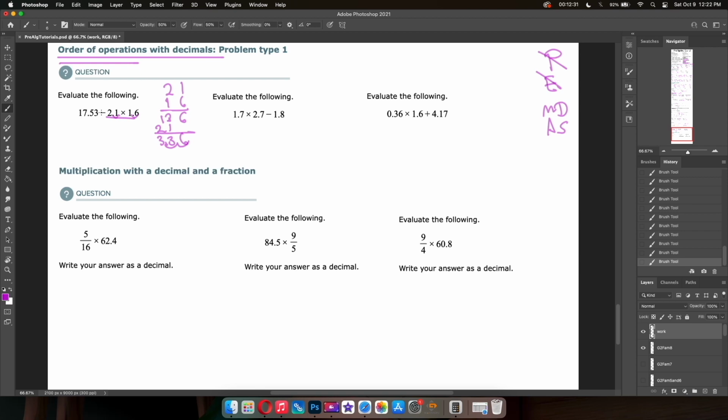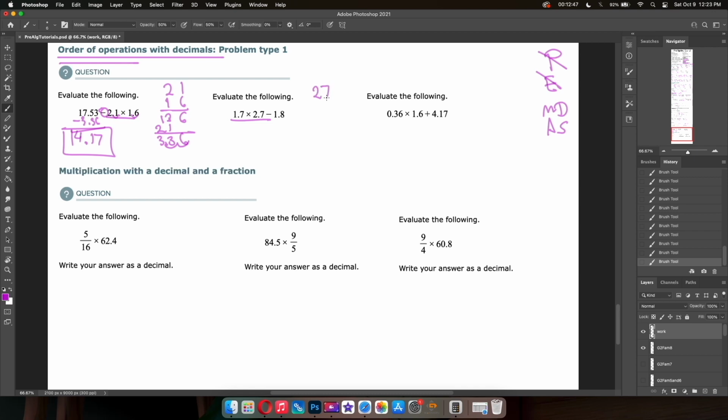So I'm going to subtract that minus 3.36, and that's going to be 14.17. Now over here we do our multiplying again.